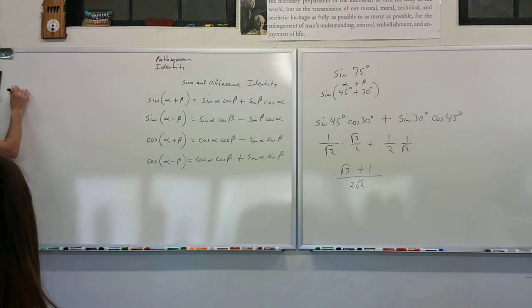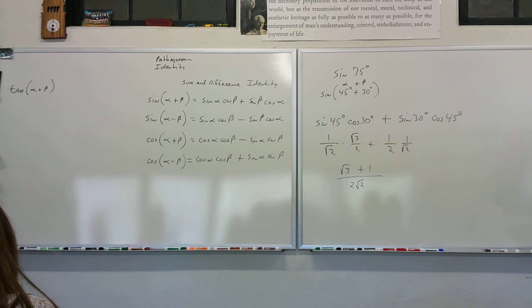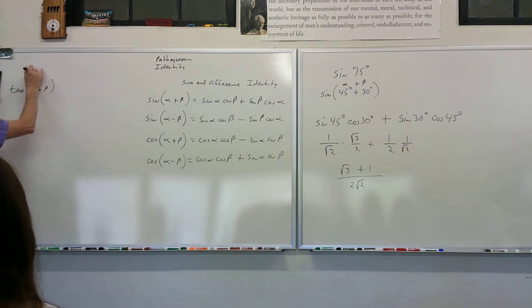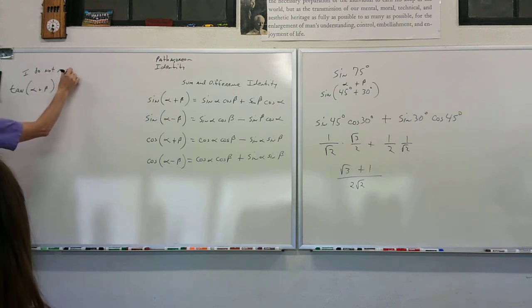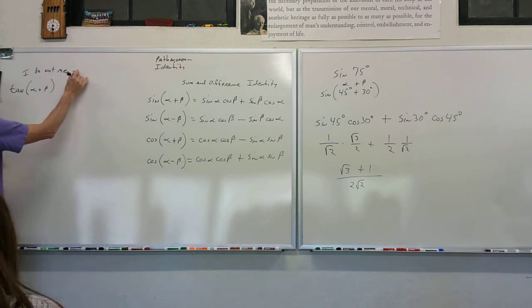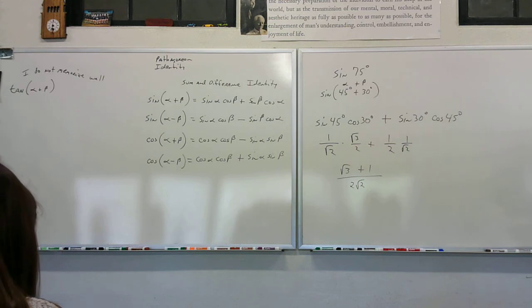Tangent of alpha plus beta. Okay, I'm going to show you how I do it. I do not memorize well, but I have to memorize those four. I can't get by without those four.